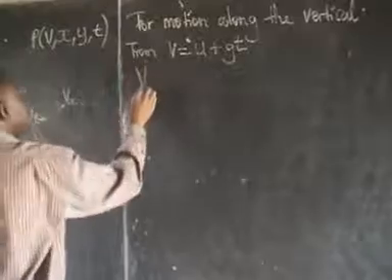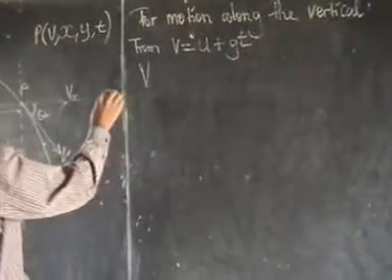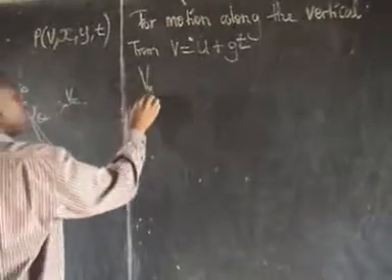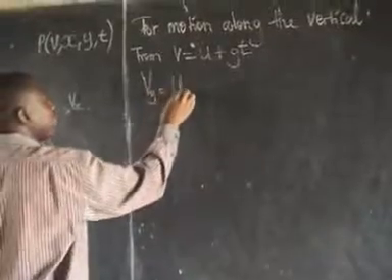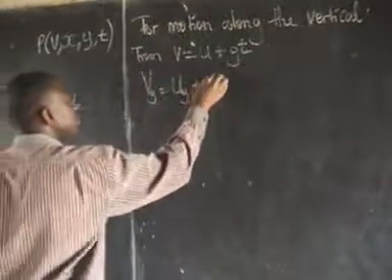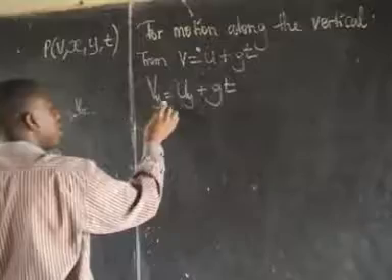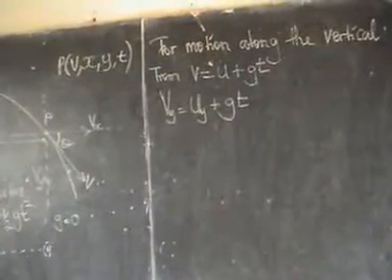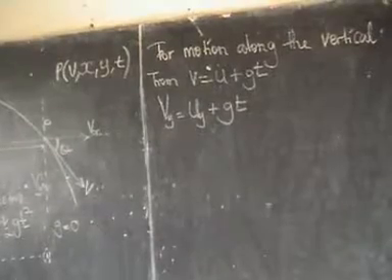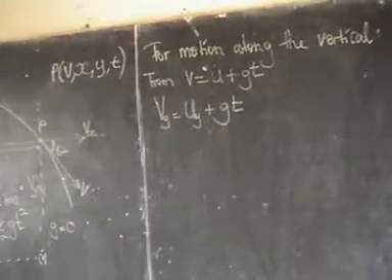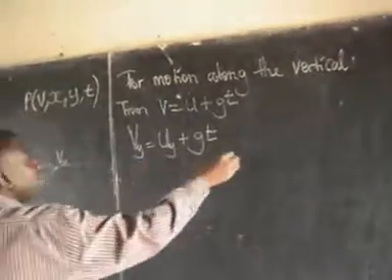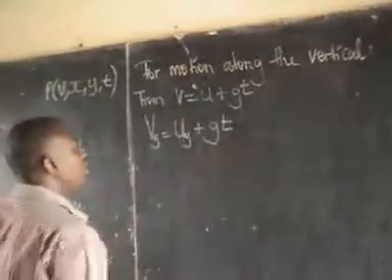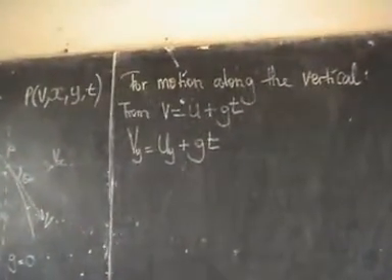So we are now going to have Vy equal to Uy plus gt, where Vy and Uy are the vertical components of the velocity of the body at a given time. So in this case, Uy is the component when t is equal to 0.